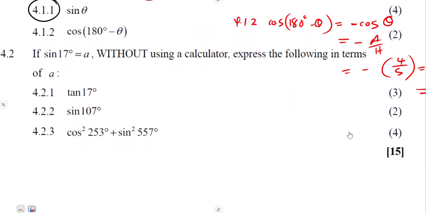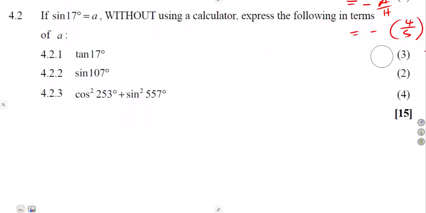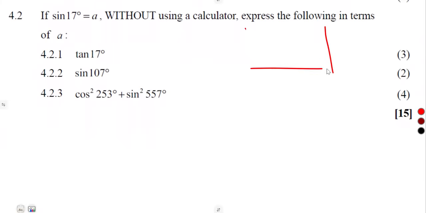Then 4.2, we are given sine of 17 degrees is equal to A. This one you can just draw a normal right-angled triangle. You can just work it from a normal right-angled triangle, guys. So you're given that the sine of 17 degrees, let's say this is 17 degrees, is equal to A. So A is the same as A over 1.